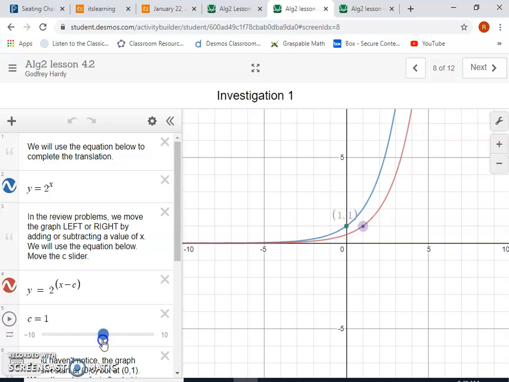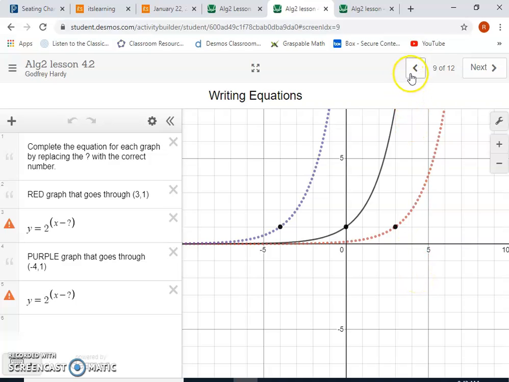We're kind of used to, at this point, the points being slid left and right based on the point being on the x-axis. In the exponential, it's actually the 0, 1 point, because the graph itself never touches the x-axis unless you slide it down, and then the graph will go through the x-axis, but the parent function never touches the x-axis.